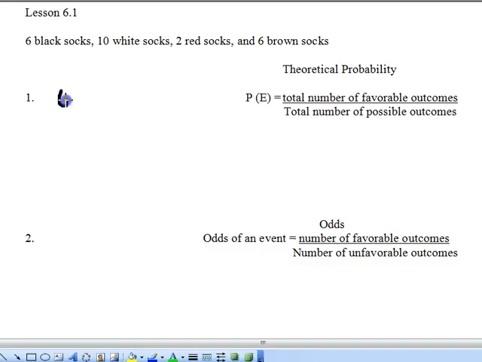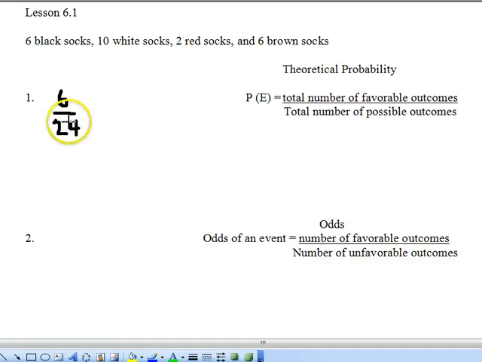If we add 10 and 6, we get 16, and then 16 and 2 is 18, and then 18 and 6 would be 24. So that would be 6 over 24.